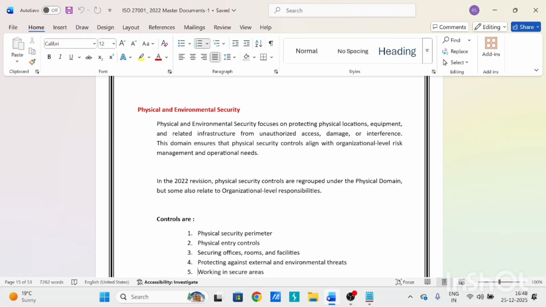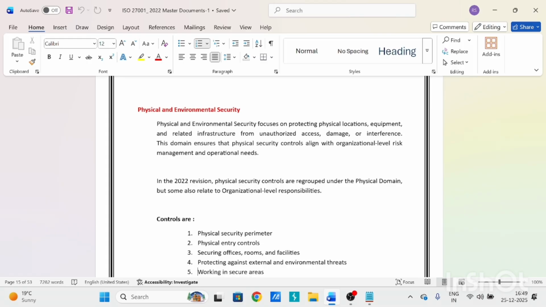Physical and environmental security focuses on protecting physical locations, equipment, and related infrastructure from unauthorized access, damage, or interference. This domain ensures that physical security controls align with organizational level risk management and operational needs.